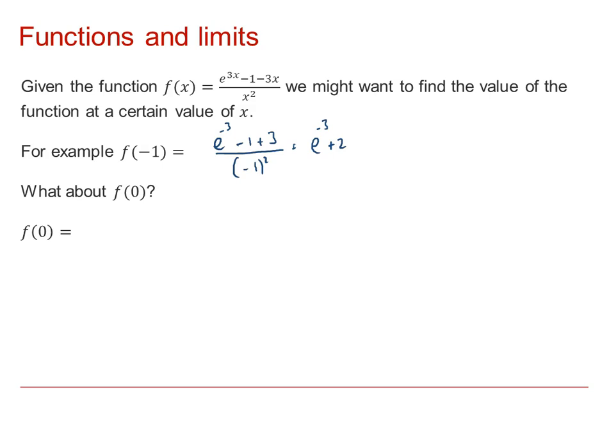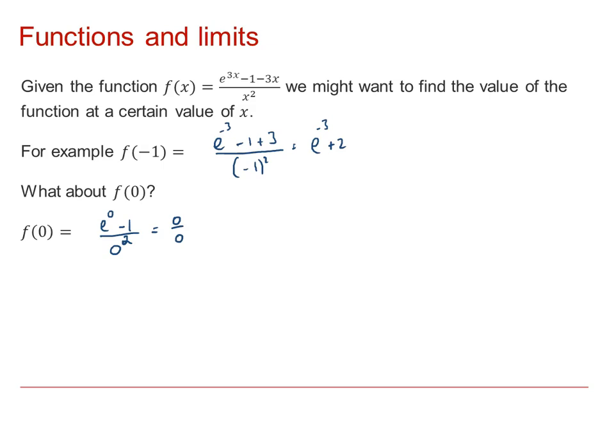But what about f of 0? Well, if we look at that, we get e to the power 0 minus 1 minus 0, and 0 to the power 2. The top line is 1 minus 1, which is 0, so we get 0 divided by 0.